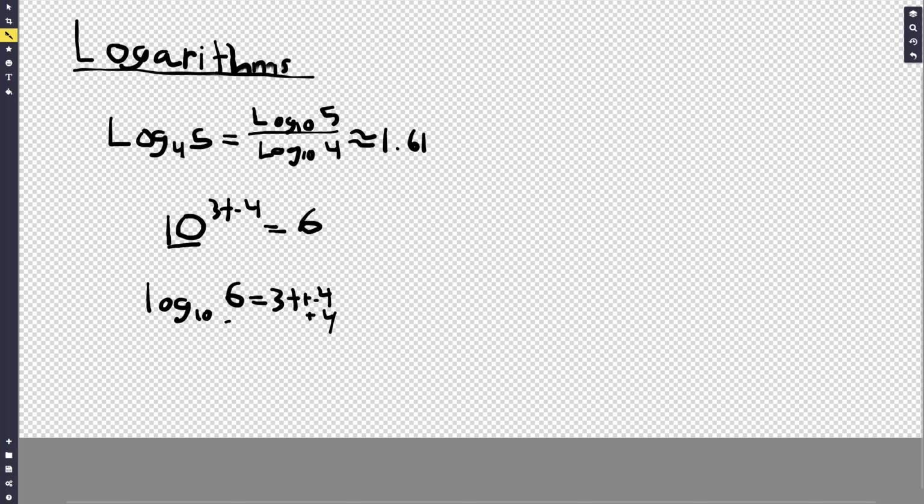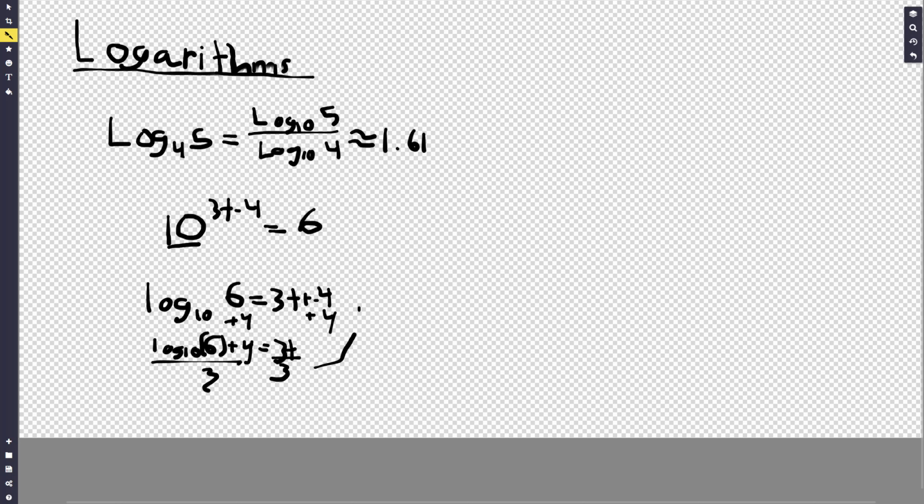So we add 4. So we have log base 10 of 6 plus 4, let me just get that in parentheses. And now we're left with 3t, so we're going to divide by 3.